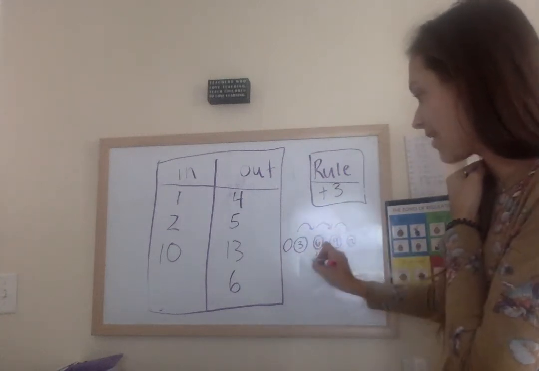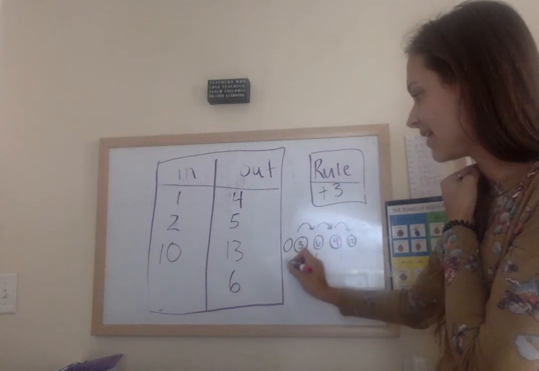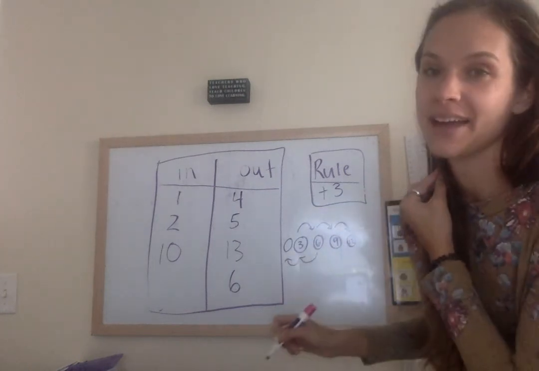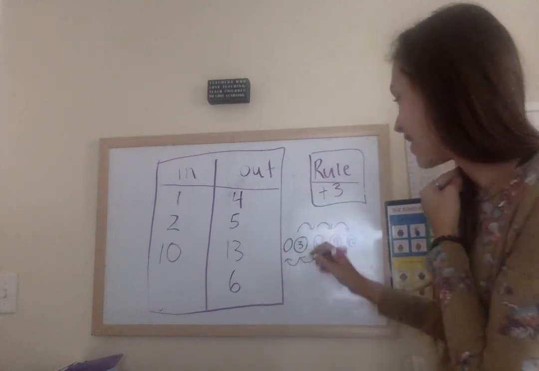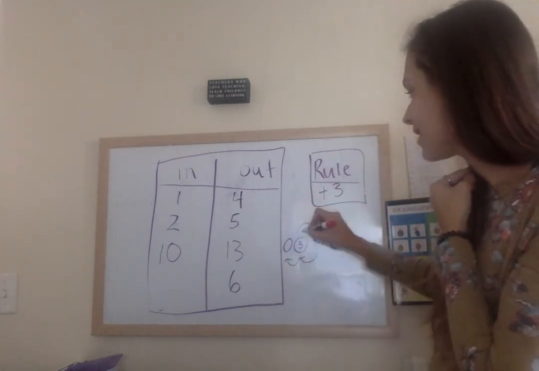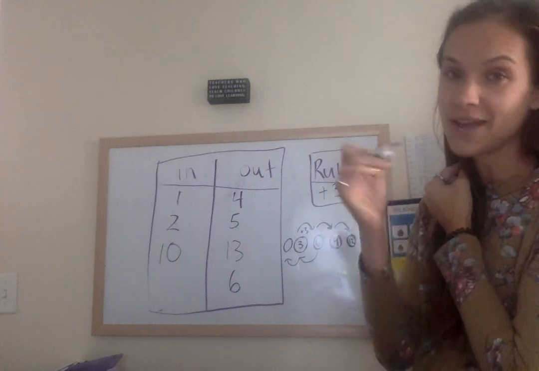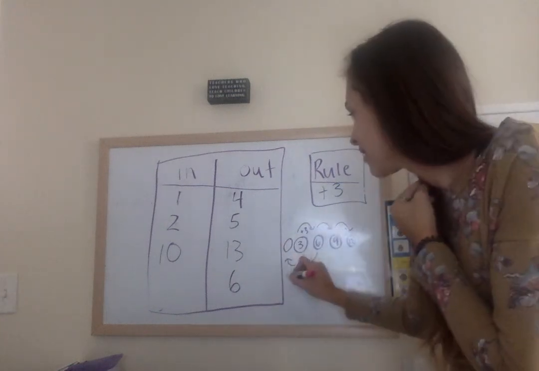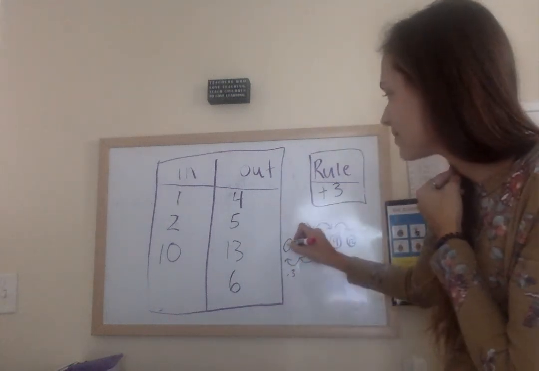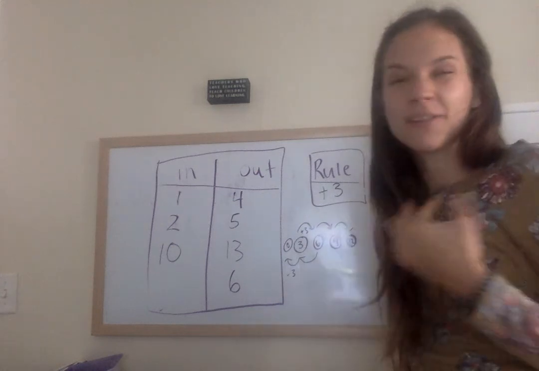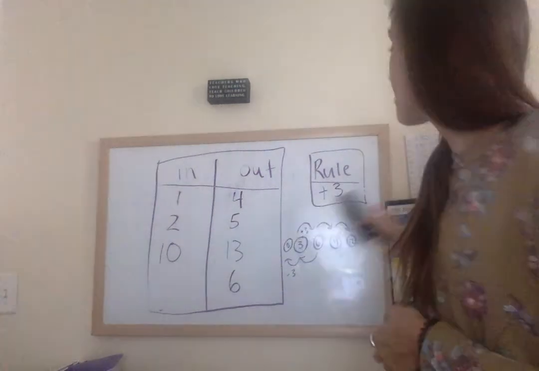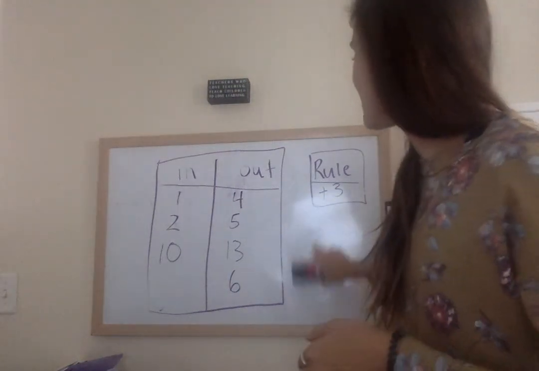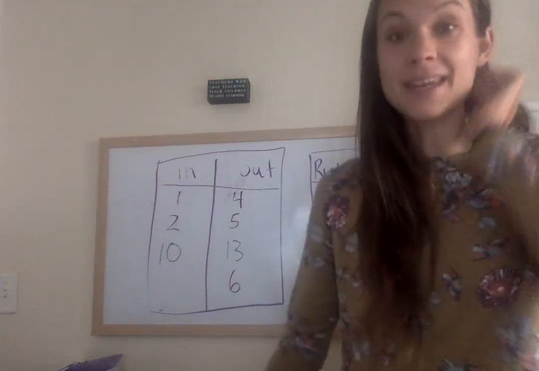But when we're going backwards, we had to do the opposite of adding. And what is the opposite of adding? The opposite of adding is subtracting, right? So instead of plus 3, when we're going backwards, we have to do minus 3. And 3 minus 3 would be 0. If you're a little confused right now, it's okay. I'm just giving you a preview, a hint for what's coming up next.